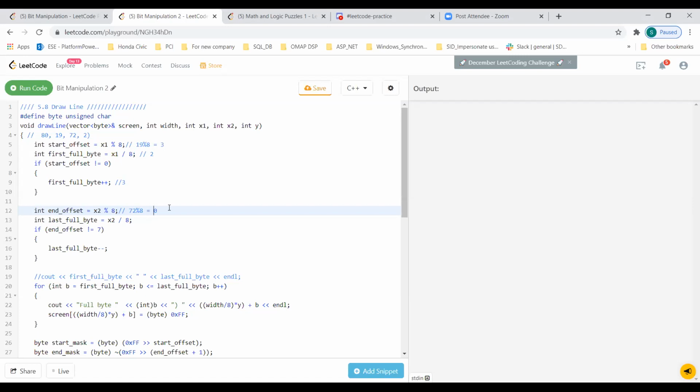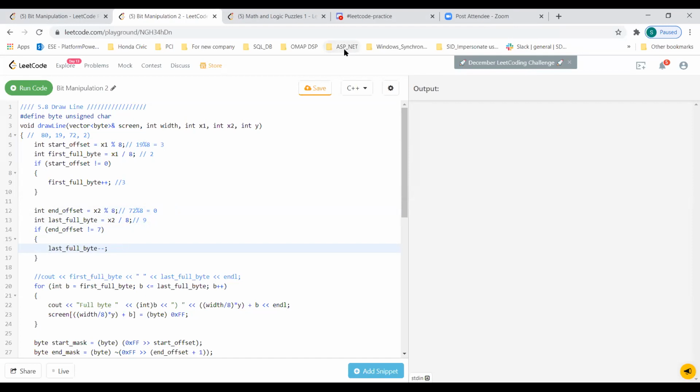This is fine. But then if I go here, this is going to be 9, so the last full byte will be 9. And this is not equal to 7, therefore we cannot decrement it to 1. So this will be the 9th byte. The last byte will remain the same.